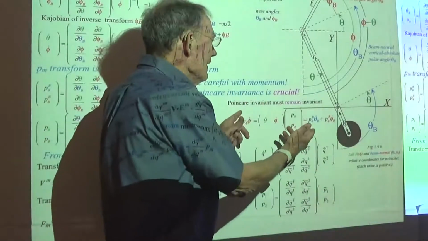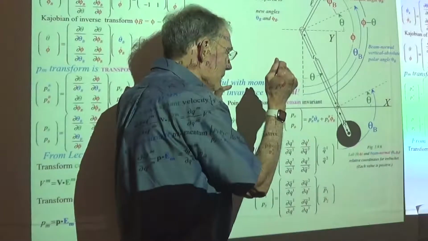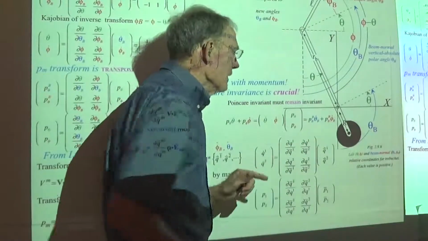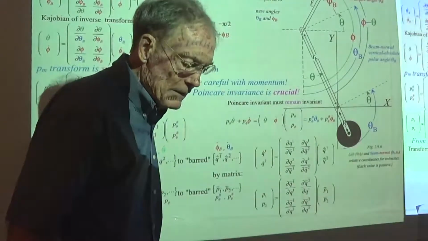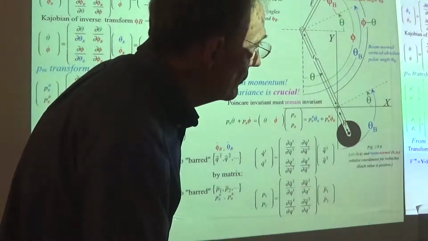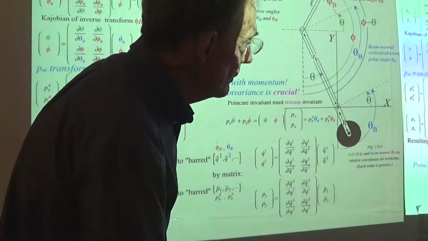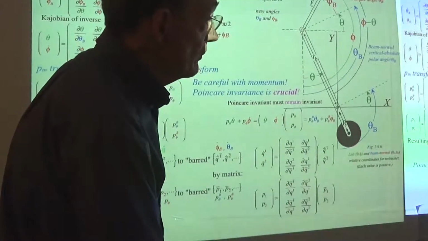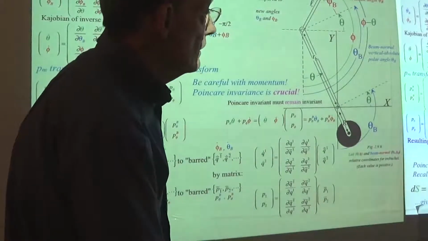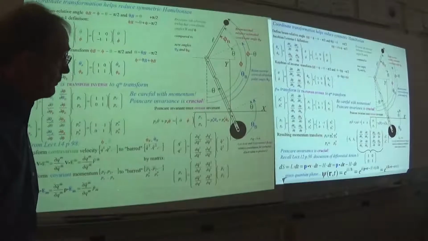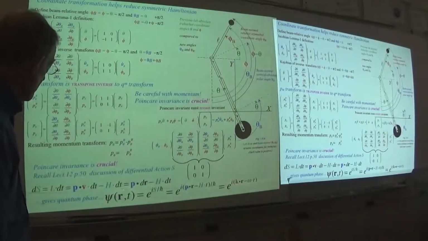But this is a piece of everything that has to do with physics, right? This is really important, and I want to emphasize that one time again. I've already talked about this earlier in connection with saying Poincare invariance is really crucial, okay? Recall lecture 12, the last lecture before we started complex variables.